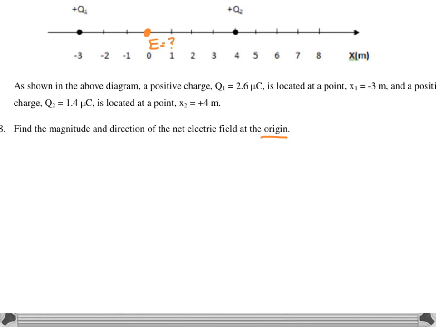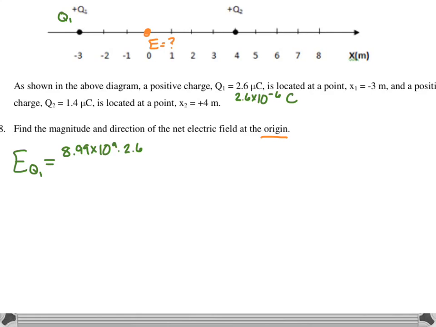Now, when you have multiple point charges, we have to figure out the electric field from each charge one at a time. So let's start over here on the left with this charge Q1. I forgot to write the equation, but you can look back at problem number 1 if you need to remember what the equation is.